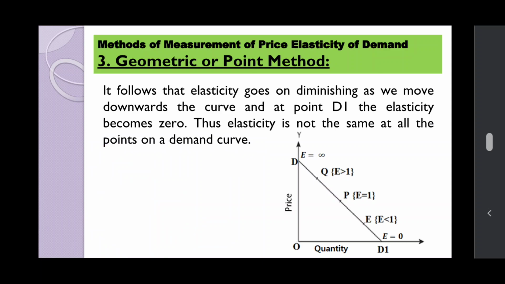So it follows that elasticity goes on diminishing as we move downwards on the demand curve, and at point D1 the elasticity becomes 0. As against this, the elasticity goes on increasing as we move upward on the demand curve, and at point D the elasticity becomes infinite. Thus, the elasticity is not the same at all the points on the demand curve.